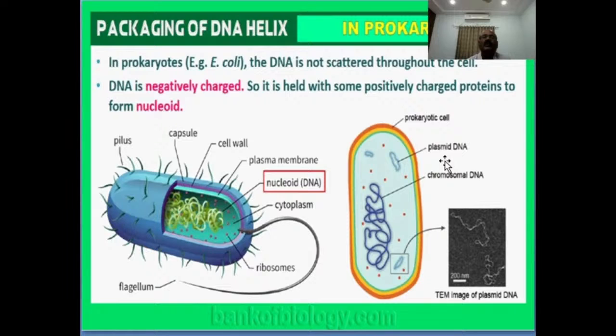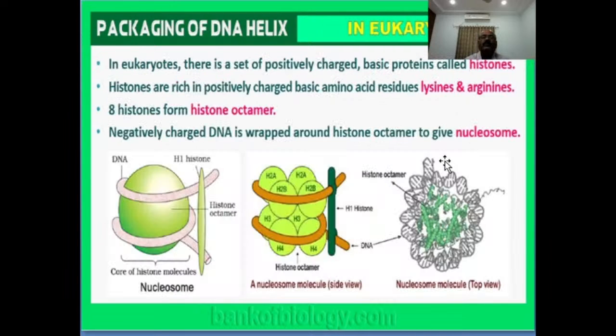So in prokaryotes, the DNA is not scattered throughout the cell. DNA is negatively charged, so it is held with some positively charged proteins to form nucleoid. In eukaryotes, there is a set of positively charged basic proteins called histones.